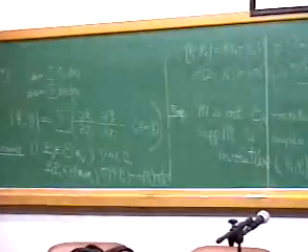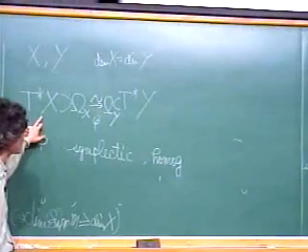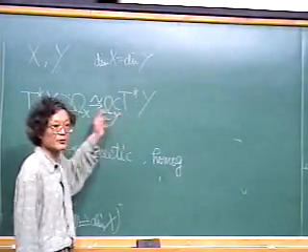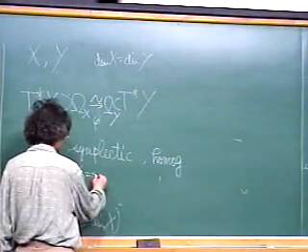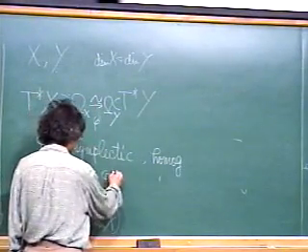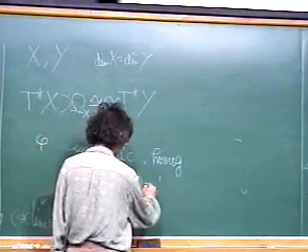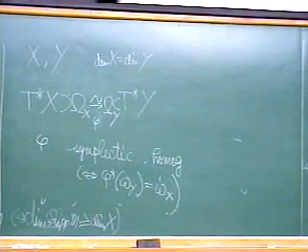Homogeneous means there's a C star action on T star X, fiber-wise, and on Y also, and this map commutes with that C star action. And this condition is, in fact, equivalent to saying that it preserves the canonical one form. Okay, we assume this.